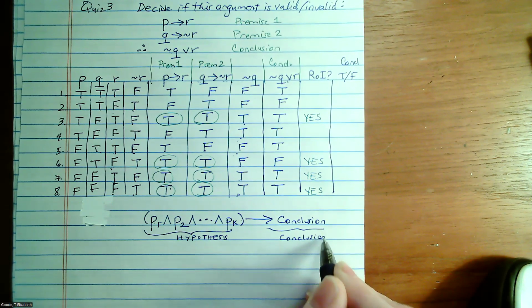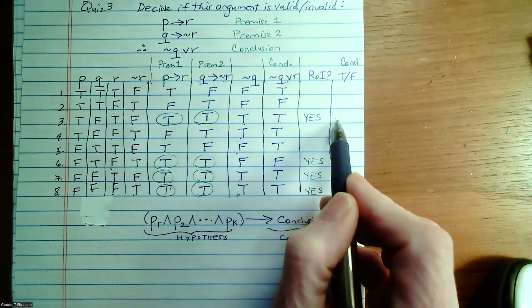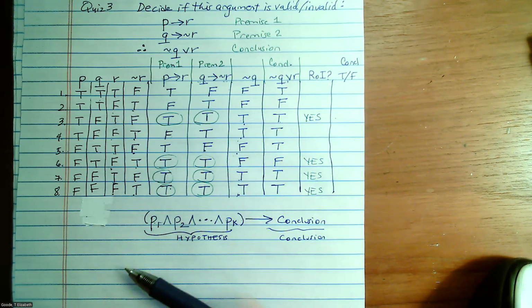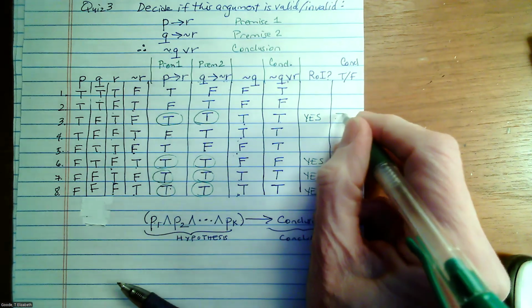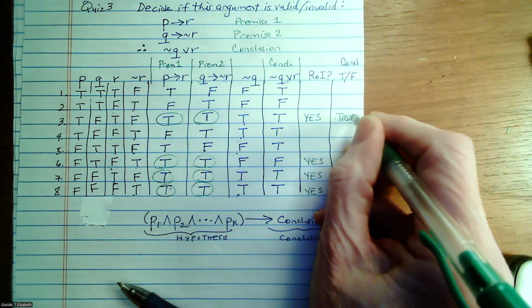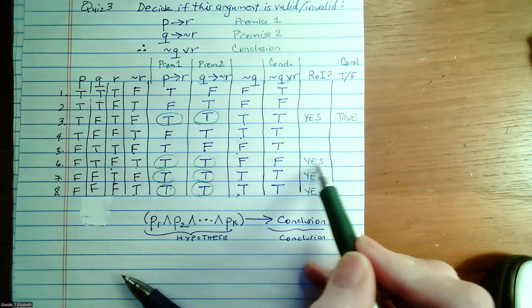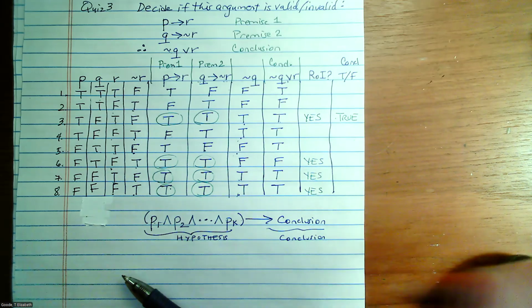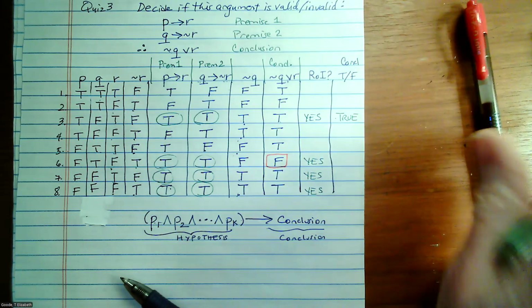Right? So in row 1, look, here's our conclusion. Is it true or false? True. So far, so good. The conclusion is true, and everything is looking good so far. How about in row 6? False. Right. We have a false conclusion here.